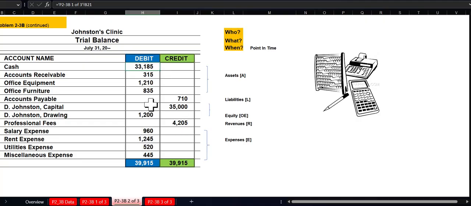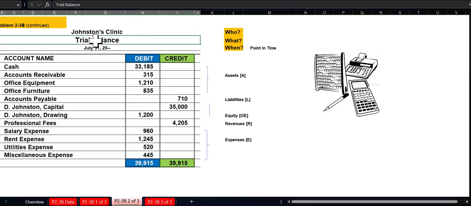But before I jump into the details, let me just point out to you that every time a report is being prepared, it needs to conform to some basics. One of those requirements is with regards to the heading. 3 questions should be answered: the who, what, and when. So we would need to be sure that the name of the business or whichever entity that we're reporting on is there.